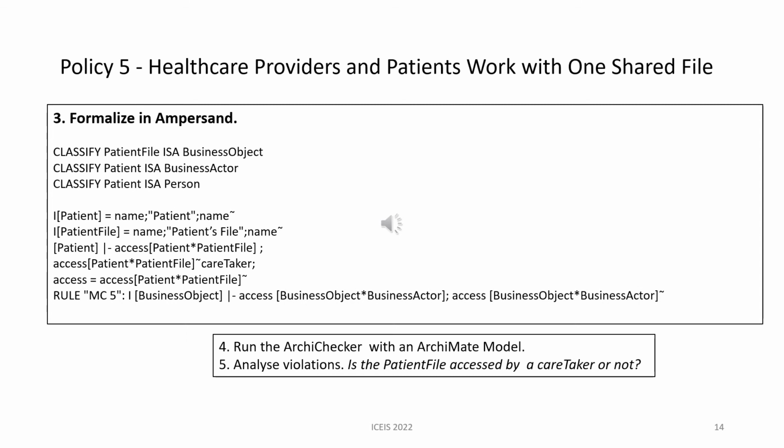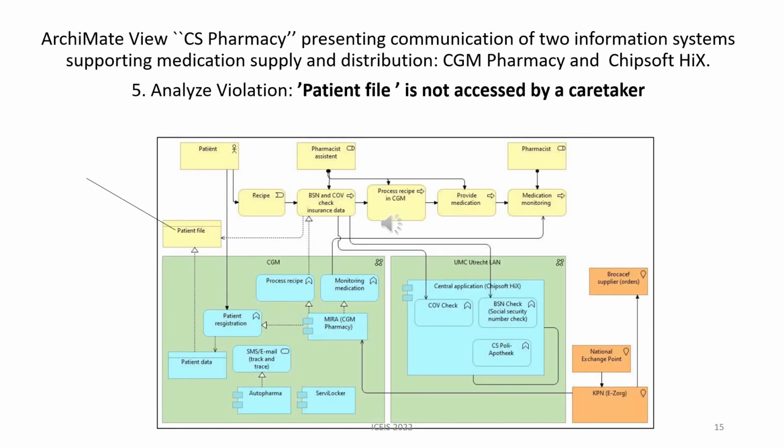Then we run the ArchiChecker on a given ArchiMate model. A violation of a constraint is a pair of elements expressed in a readable form. For example, patient file is not accessed by a caretaker. This constraint has been checked on the enterprise view CS Pharmacy, shown in this slide.